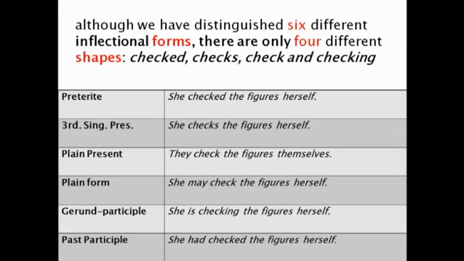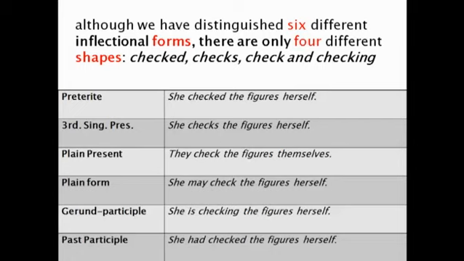Although we have distinguished 6 different inflectional forms, there are only 4 different shapes: checked, checks, check, and checking. So the first conclusion that we come to is that form and shape are different instances in syntax. Okay, the form is more related to the function they play in the clause.